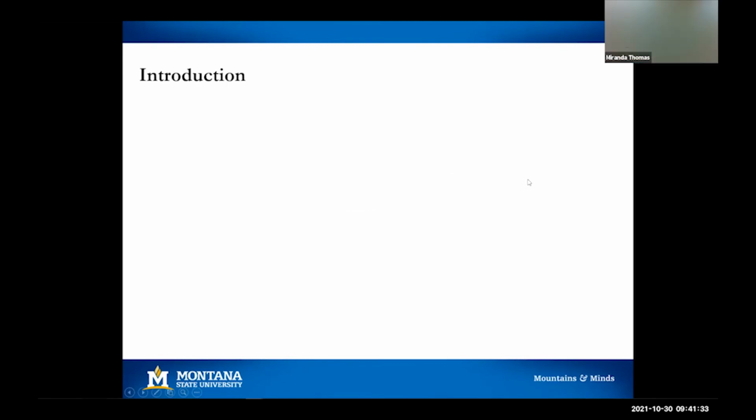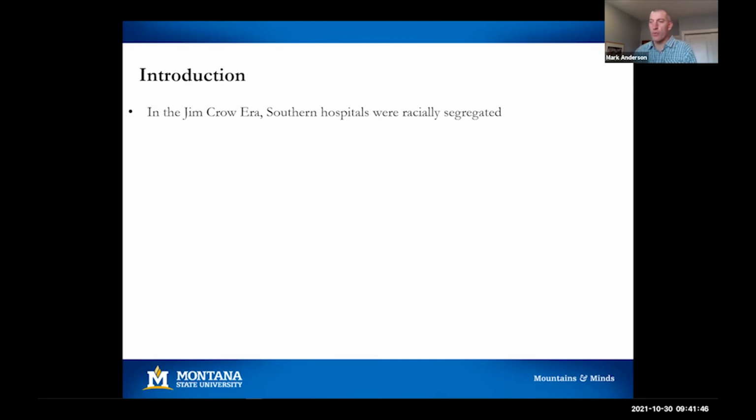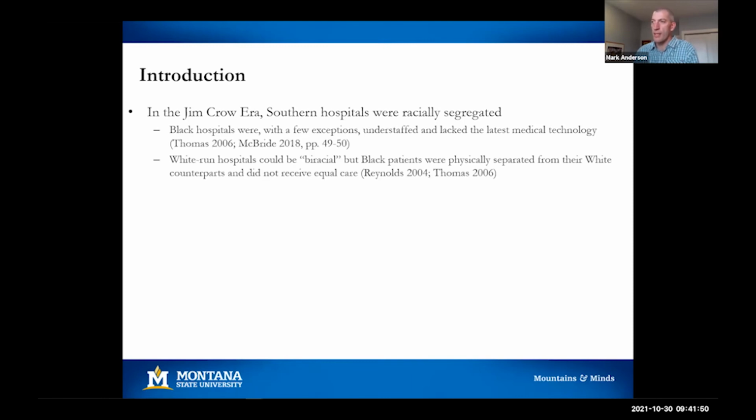So we are looking at the civil rights era hospital desegregation movement and the black-white infant mortality gap. This is joint with Kerwin Charles and Dan Rees. Most of you are probably very well aware that during the Jim Crow era, Southern hospitals were racially segregated.